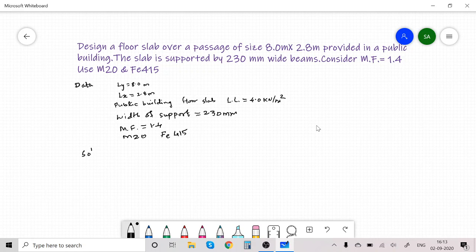Solution. First of all, we will check the aspect ratio. Aspect ratio is Ly by Lx. Here in this case, 8 divided by 2.8. It is definitely greater than 2. So we will design it as one-way slab.